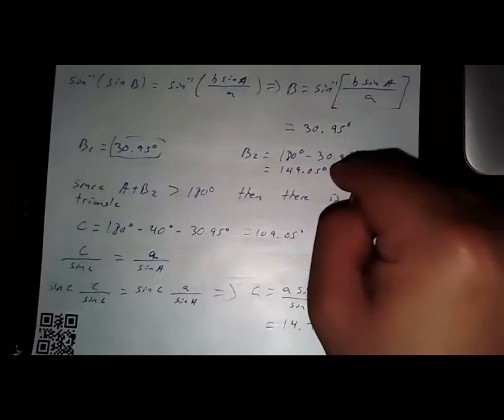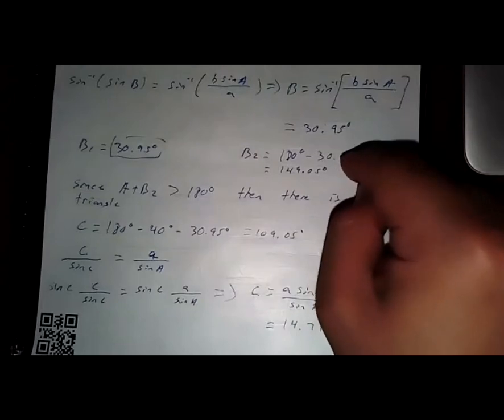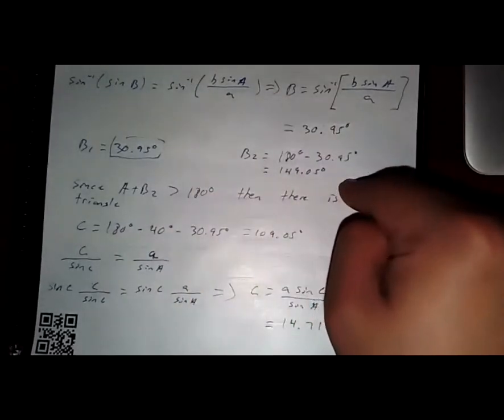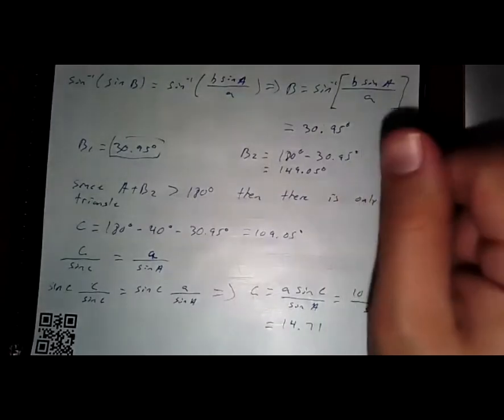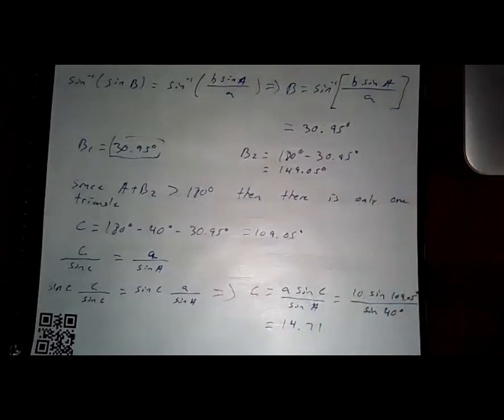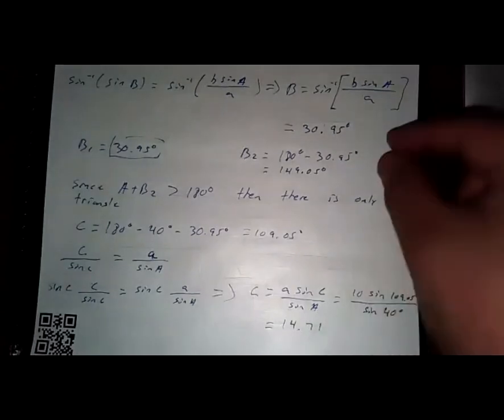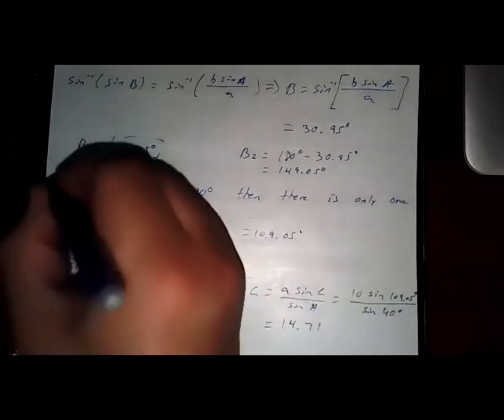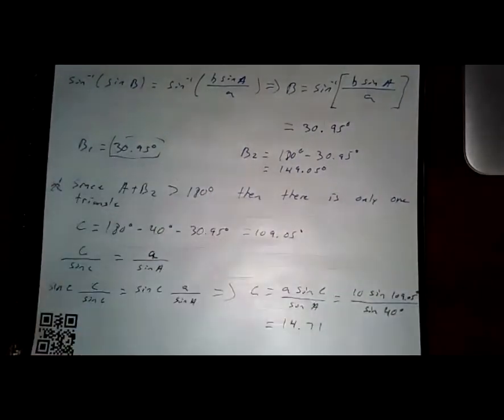If it's not, then you will say, okay, it's one triangle. If both of these had worked, then I'd have 2 triangles, and I'd have to find C1, C2, and little b, little c1, little c2, etc. But yeah, this tells you. And this is when I made that decision.